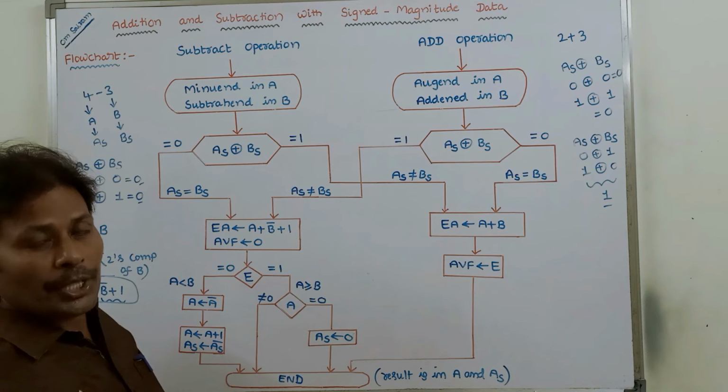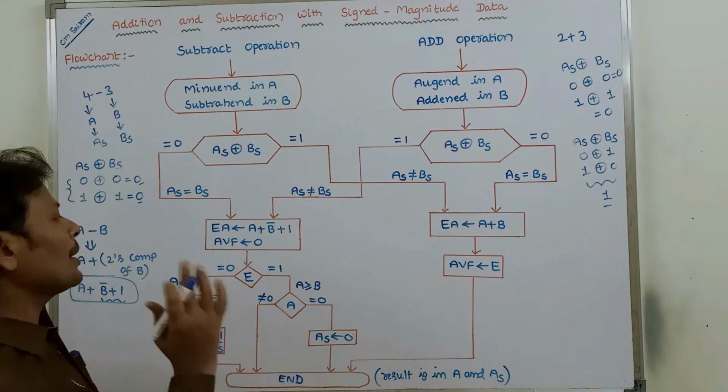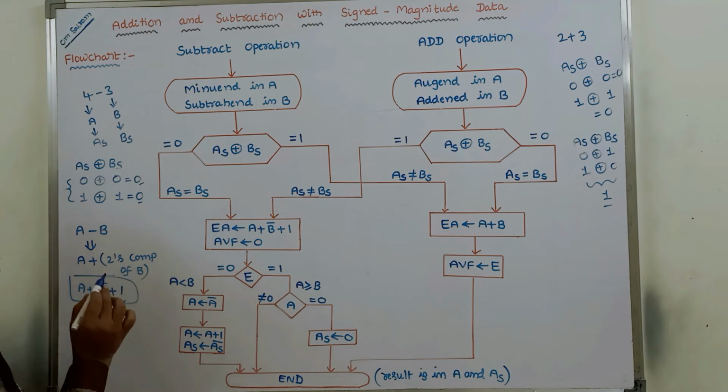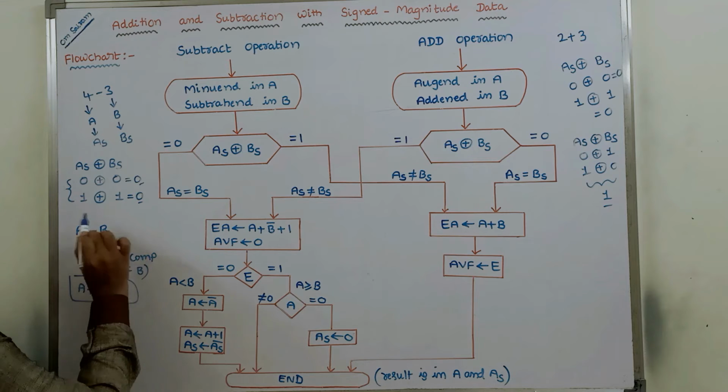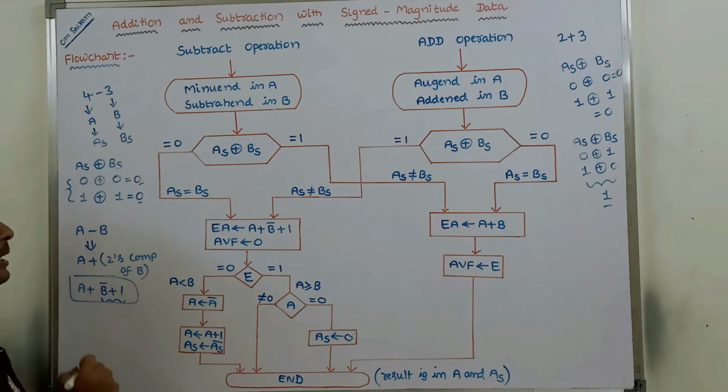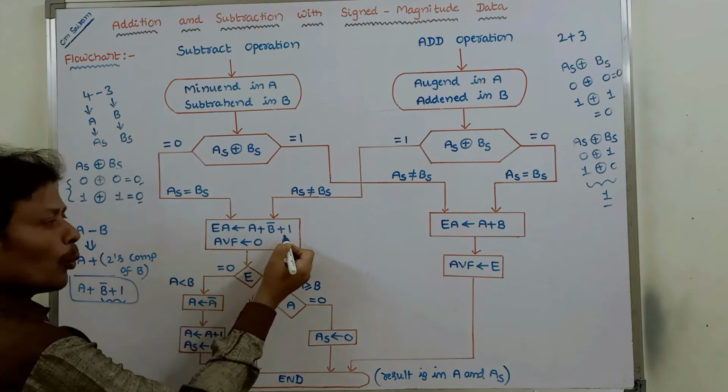The subtraction operation can be performed using 2's complement. We find the 2's complement of the subtrahend only. First we take the 1's complement, then add 1.